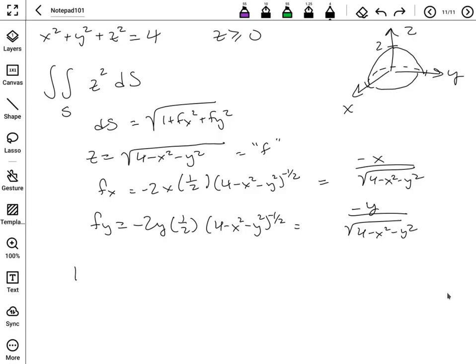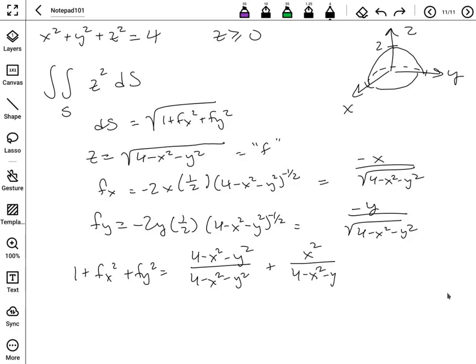So 1 plus f sub x squared plus f sub y squared is going to be, sorry, 4 minus x squared minus y squared over 4 minus x squared minus y squared, plus x squared over 4 minus x squared minus y squared, since I just squared this thing, plus y squared over 4 minus x squared minus y squared.